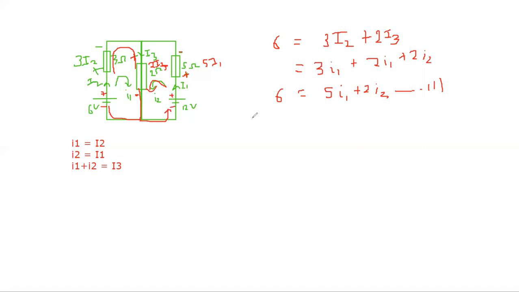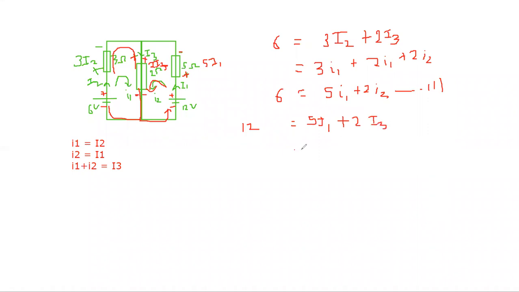After crossing this voltage source, you feel a voltage rise of 12. Then you encounter this resistance, which is a voltage drop, plus on top and negative below, with value 5 I1. Then you encounter the other resistance, again a voltage drop, with value 2 I3.